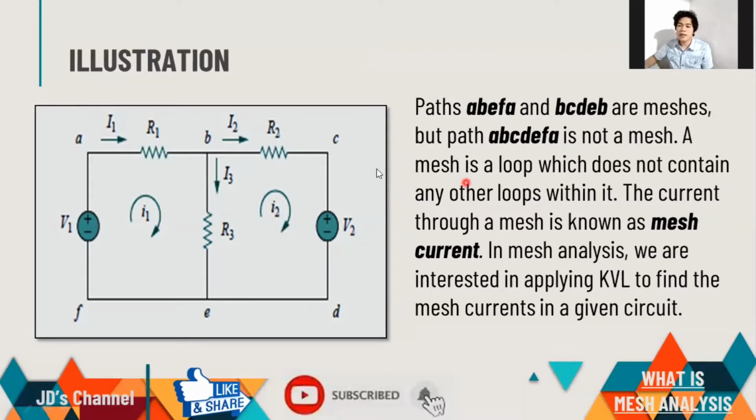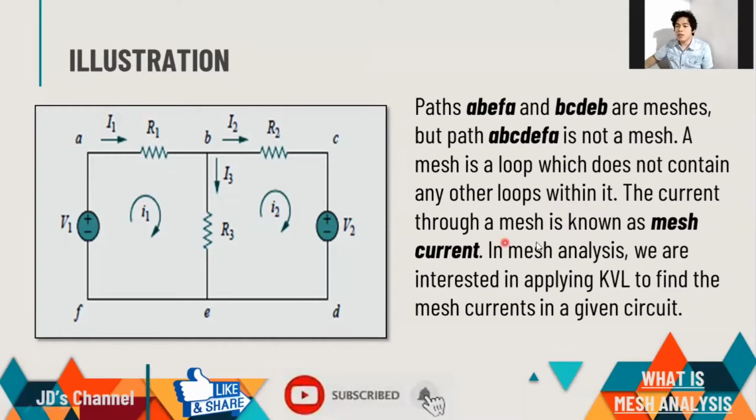But the path A, B, C, D, E, F, and back to A is not a mesh. There should be no other mesh or loop inside a mesh, otherwise it is not a mesh, or a loop. So, a mesh is a loop which does not contain any other loops within it.